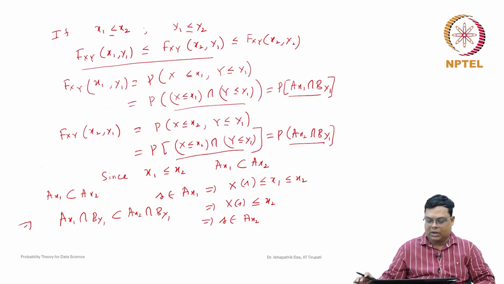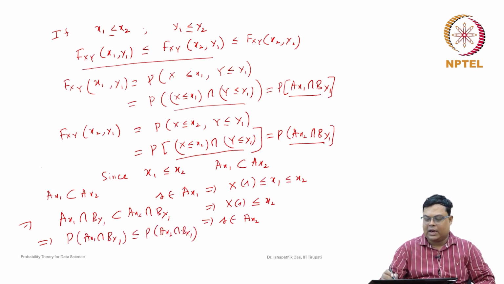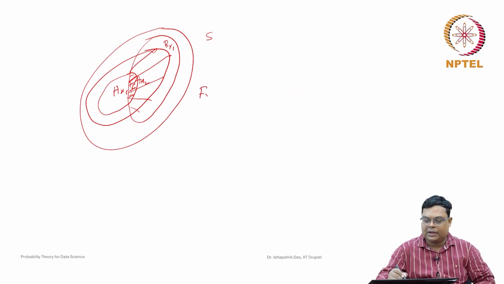Which implies that the probability of A_x1 intersection B_y1 will be less than or equal to the probability of A_x2 intersection B_y1. Hence, from there we can conclude that F_XY of (x1, y1) will be less than or equal to F_XY of (x2, y1).